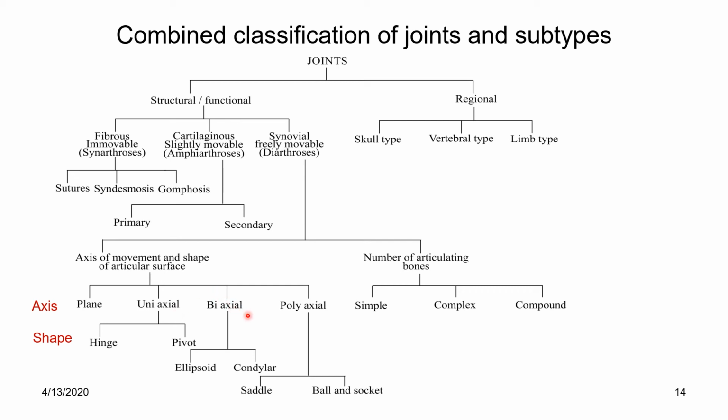The biaxial is divided into ellipsoid and condylar joints. The polyaxial joints are divided into saddle and ball and socket varieties of joints.